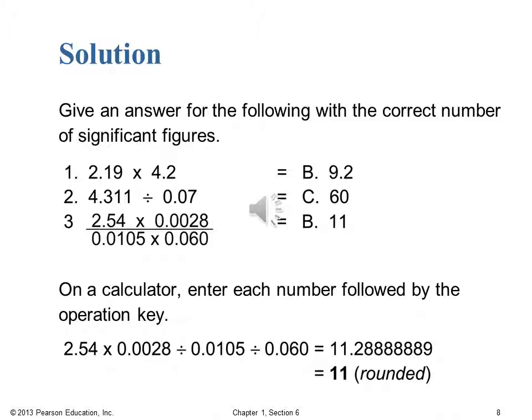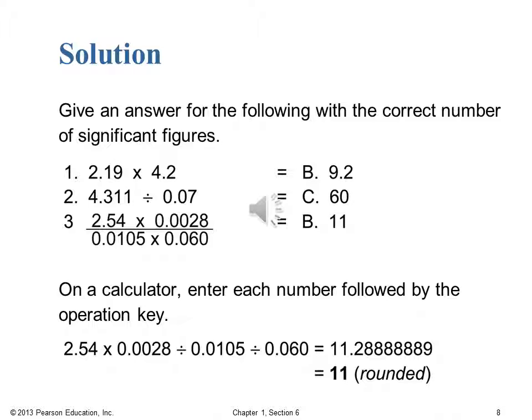And finally, number 3, 2.54, there's 3 sig figs, times 0.0028, just 2 sig figs there, divided by 0.0105, again 3 sig figs in that first value, times 0.060, just 2 sig figs there. We would expect 2 sig figs in our final result, so B, 11, is the best answer.